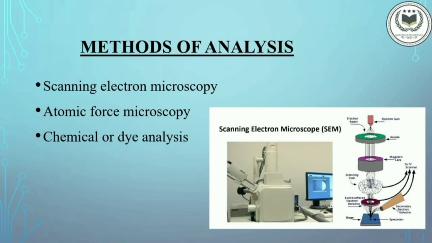Apart from the visual examination of a single fiber with a comparison microscope, some of the methods for fiber examination are scanning electron microscopy. This is the method of photography which requires an instrument called a scanning electron microscope. This type of microscope uses electrons rather than light to form an image.